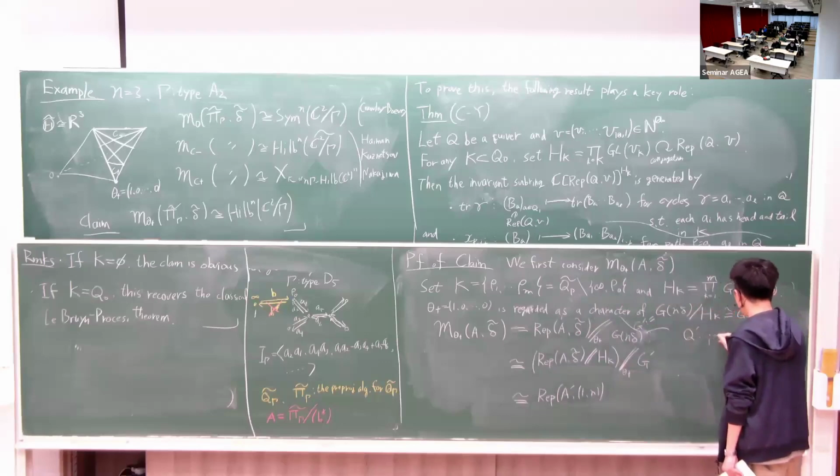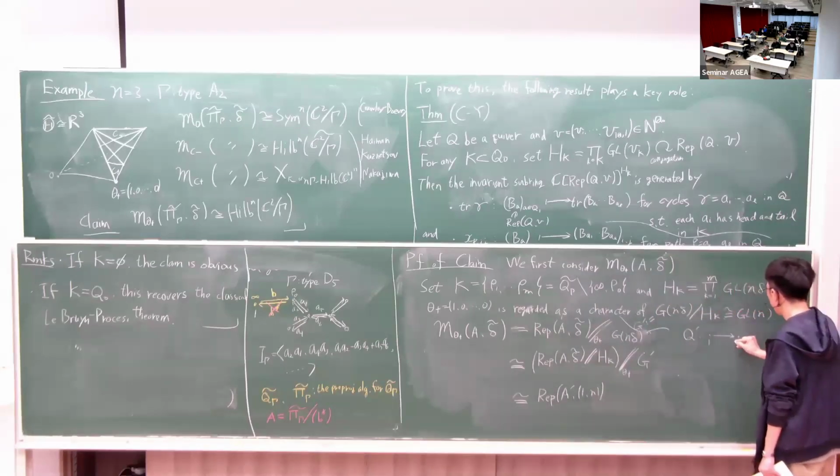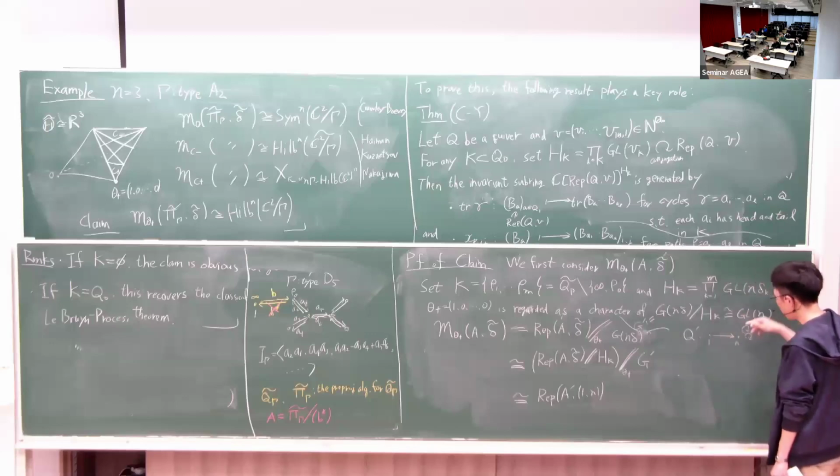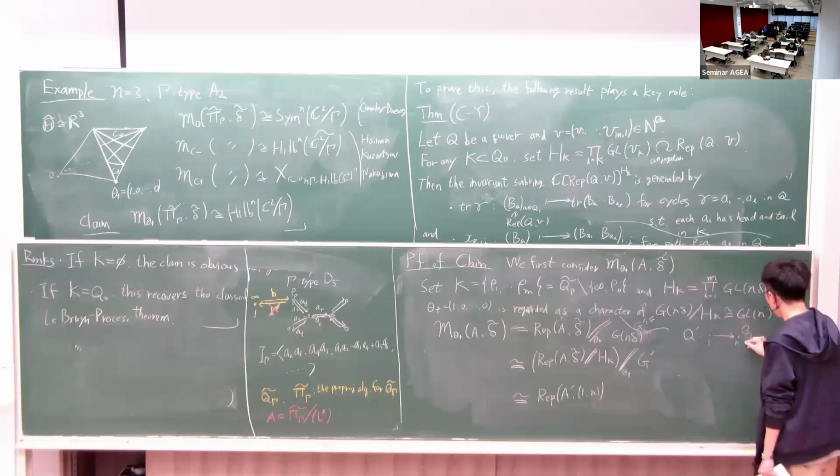So this is the quiver like this: one arrow from one vertex to the other and 3 loops on the second vertex.